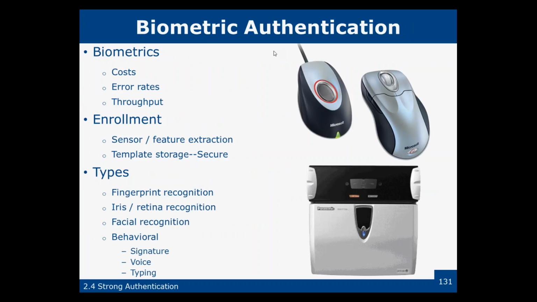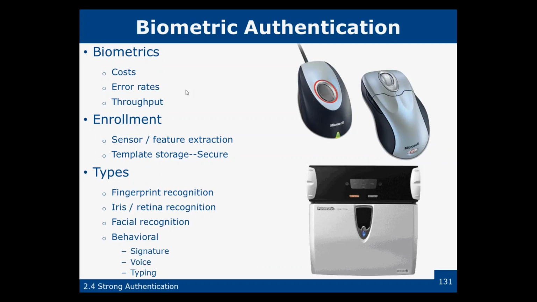Biometric authentication. The biometrics costs and error rates can be an issue, and throughput if it is particularly busy. One of the things they talk about, if it's at an airport or a train station where you have a lot of users going through, biometrics may become an issue.